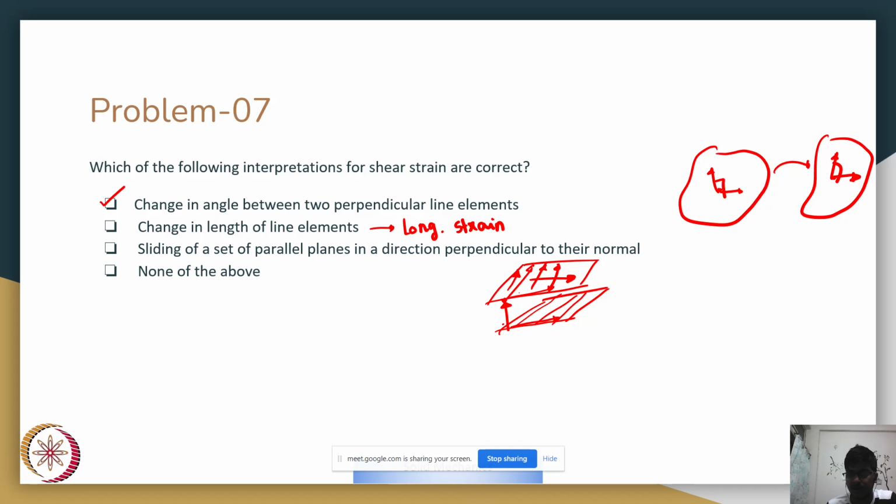This is right. If you remember, if I choose this direction, then whatever was initially here is now slid to a different point, which is here. So this whole plane can be thought of as shifting in a different direction. So this is also shear strain.